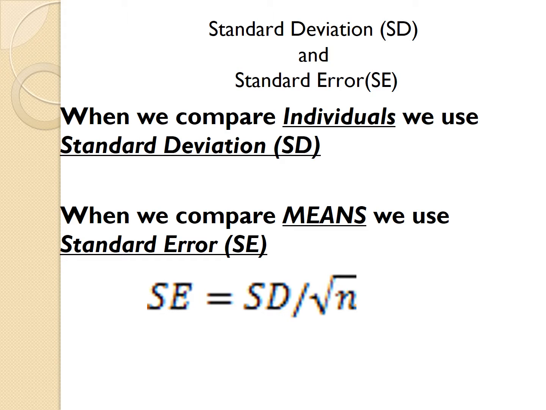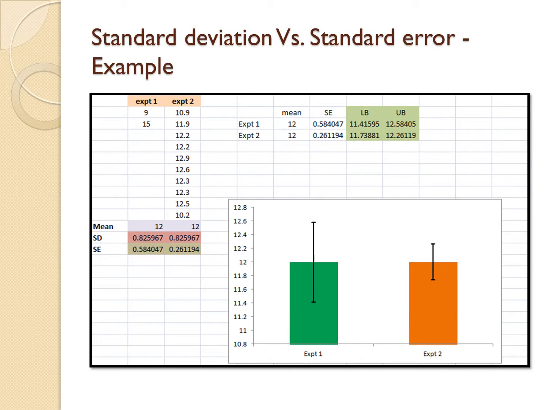When we compare means, we use standard error. The formula for standard error is as simple as the standard deviation divided by the square root of the number of observations. Standard error shows how good the data is.